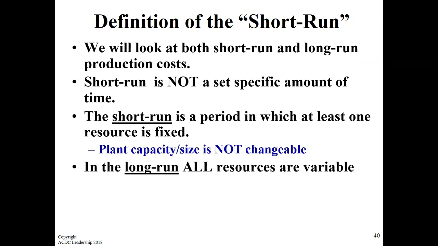The long run is when all resources are available. In the long run, my rent expires, so I can go out and rent a new place. My lease on the ovens expires, I could buy new ovens. So in the short run, at least one resource is fixed.